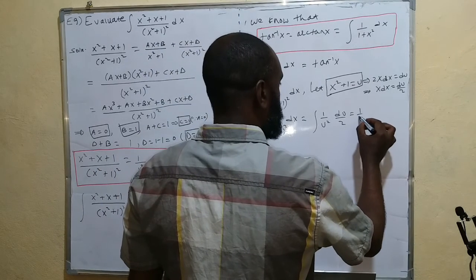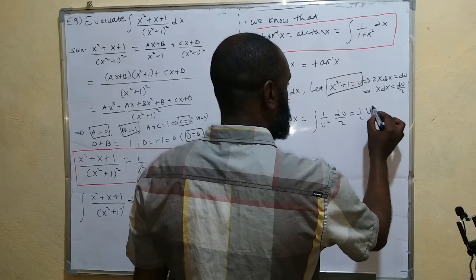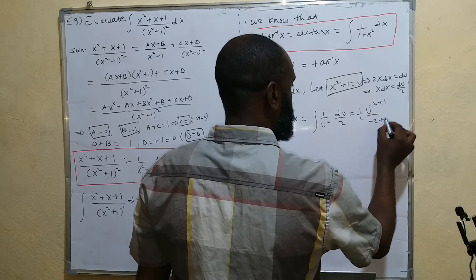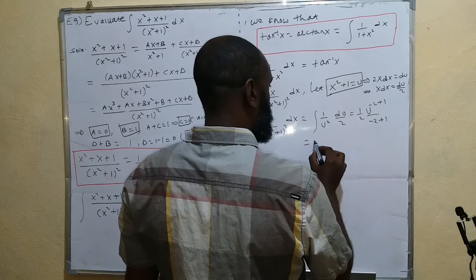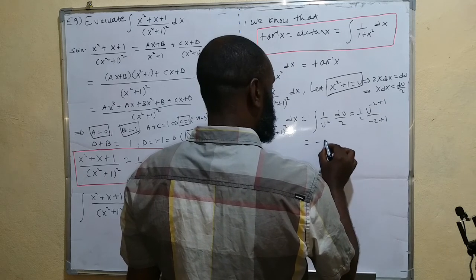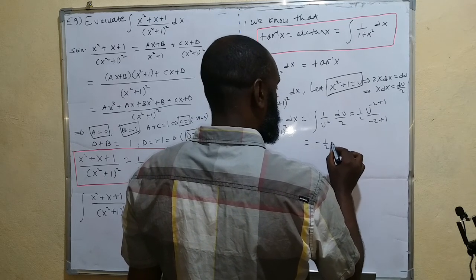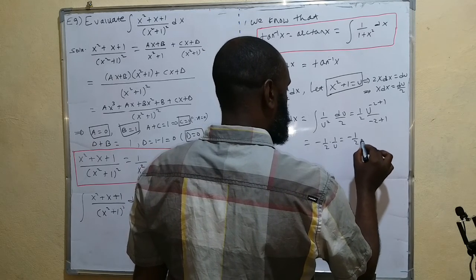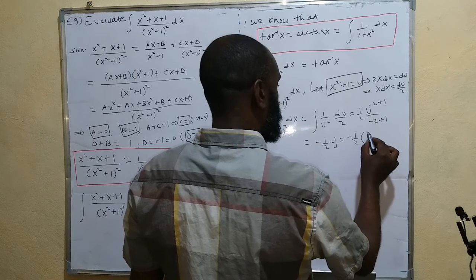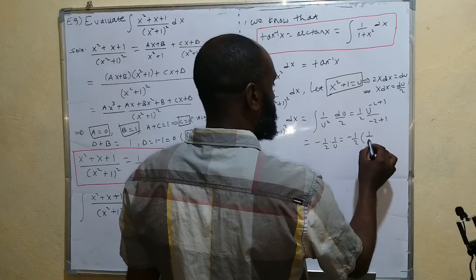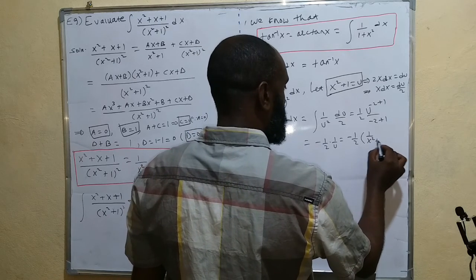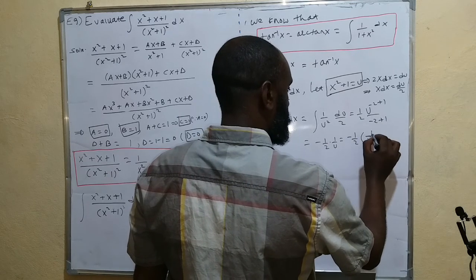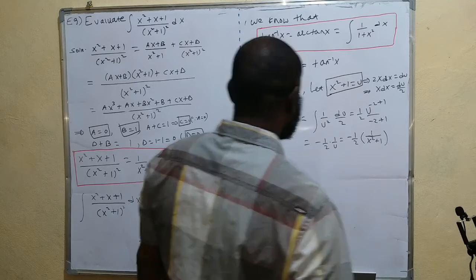So we know that this is 1 over 2, u to the power of minus 2 plus 1, which is minus 1. This is equal to minus 1 over 2 times 1 over u, which is minus 1 over 2 times 1 over x squared plus 1.